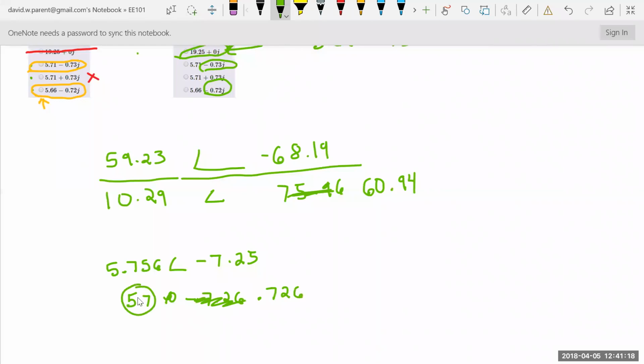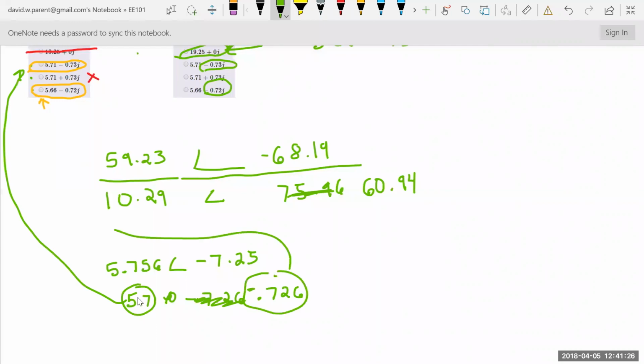Yeah, so we can see that. That was pretty close. So 2 digits does the trick. All right.